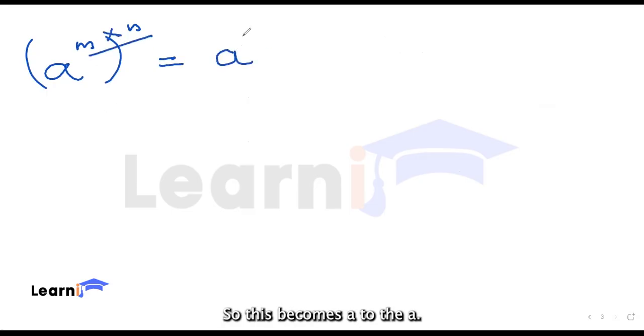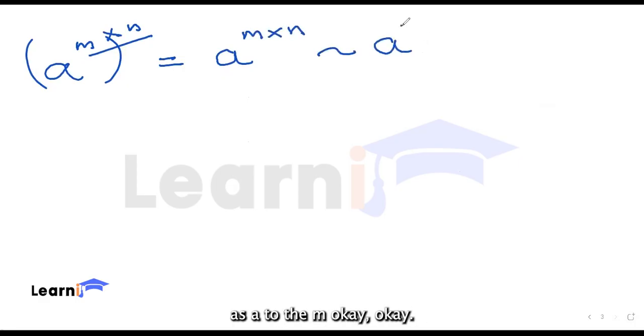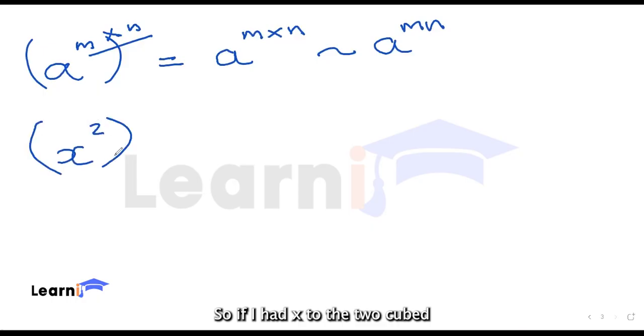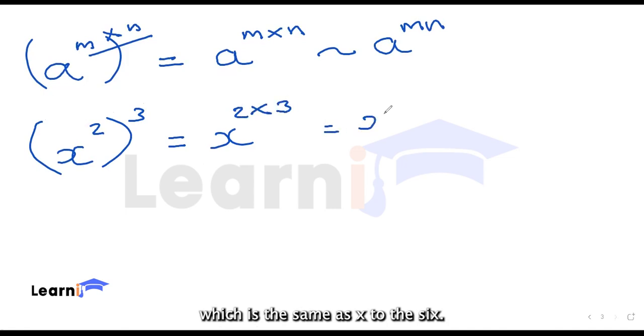So this becomes a to the m times n, which can also be written as a to the mn. Now let's see how this works. If I had x to the 2 cubed, this is going to be x to the 2 times 3, which is the same as x to the 6.